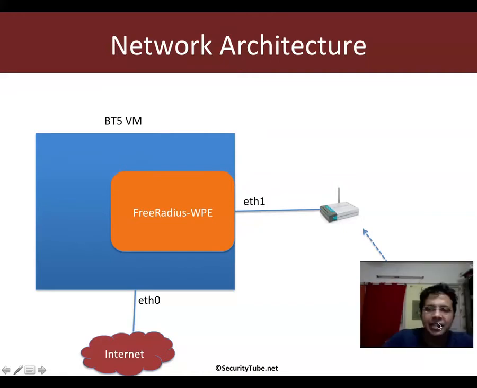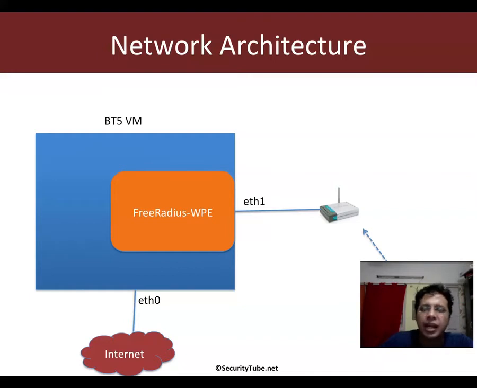In our case, as usual, we're going to have our handy iPhone as the client, which would connect to the access point, and the access point would connect back to the FreeRADIUS server to try and authenticate the client. There's also another interface, eth0, which connects directly to the internet from the Backtrack VM so that we can do a lot of update procedures.